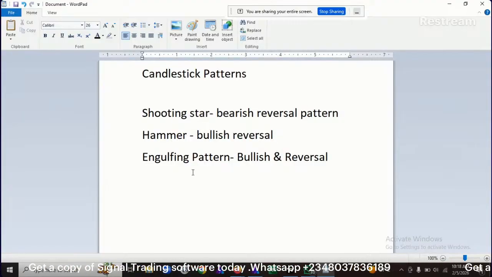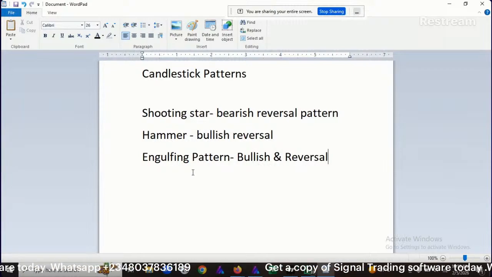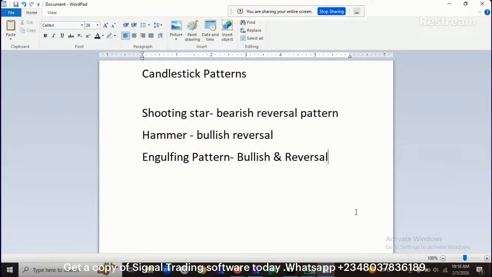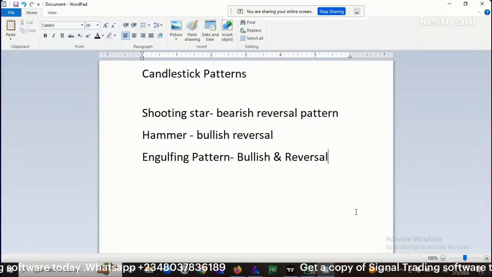Okay, so let's look at the hammer. A hammer pattern or hammer candle forms in a downward trend. When a hammer forms in a downward trend, you look for an opportunity to buy.